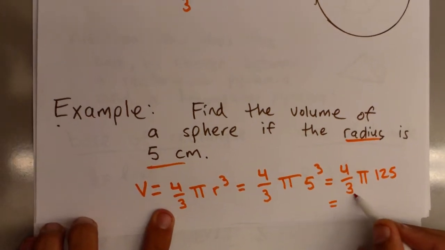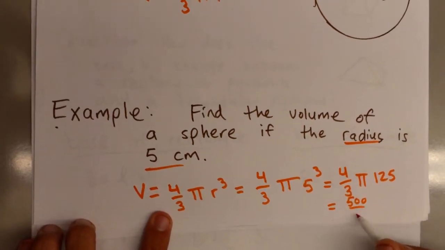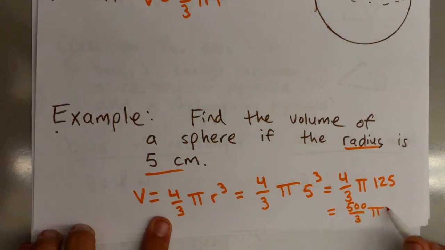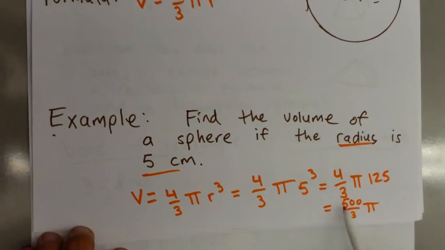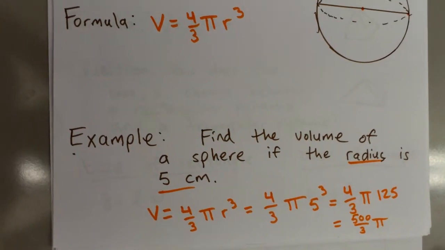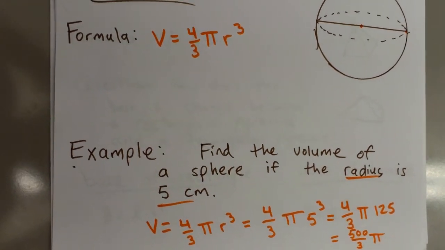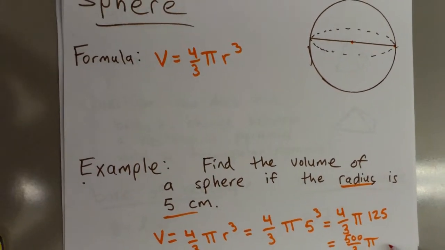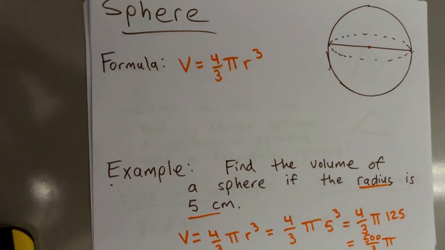So our answer can be 500/3 pi. And this is a fine answer unless the question asks you to put it in decimal form, then you would need to type this into your calculator and leave it as a decimal.